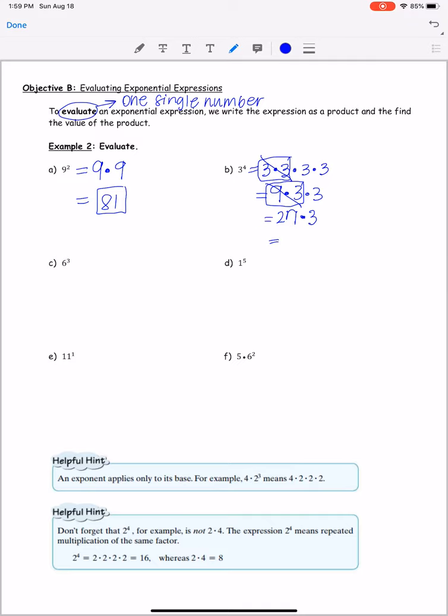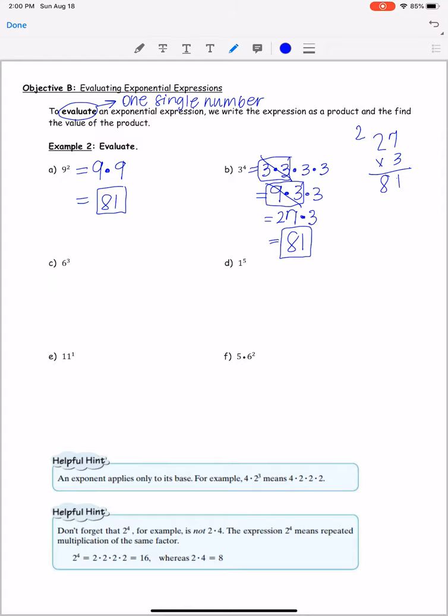And so then 27 times 3, I'm going to bring that over here. 7 times 3 is 21, so the 1 comes down, carry the 2. 2 times 3 is 6, plus this 2 gives me 8. So my answer here is 81 again.